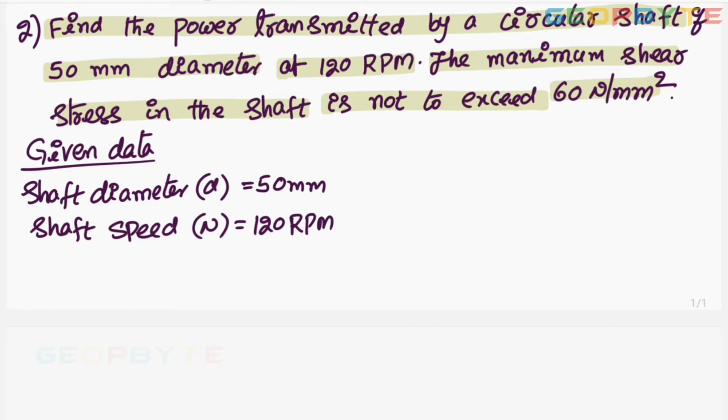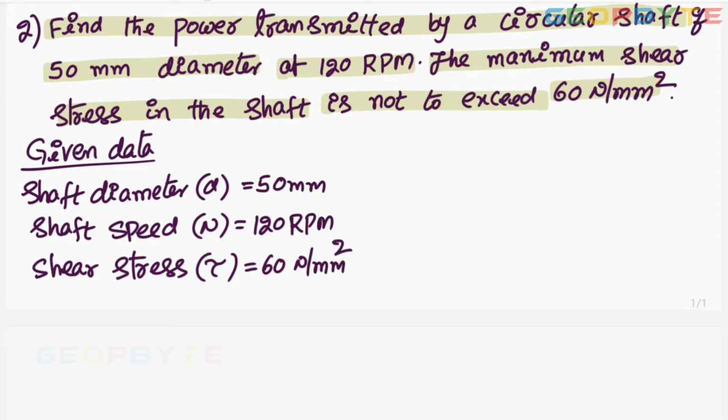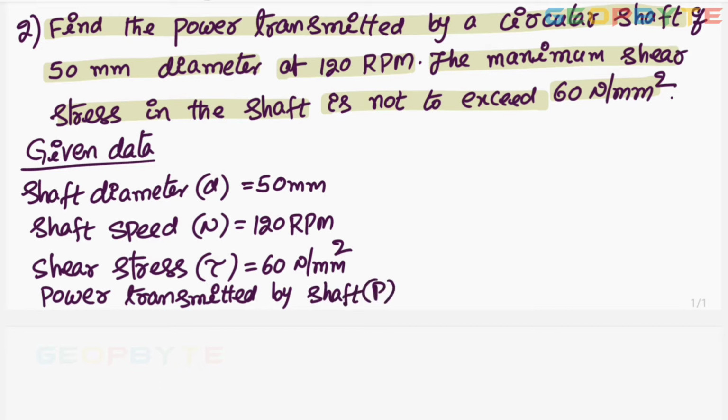Shear stress developed in the shaft, tau, equal to 60 Newton per mm square. You are asked to find the power transmitted by the shaft. P equal to how much?